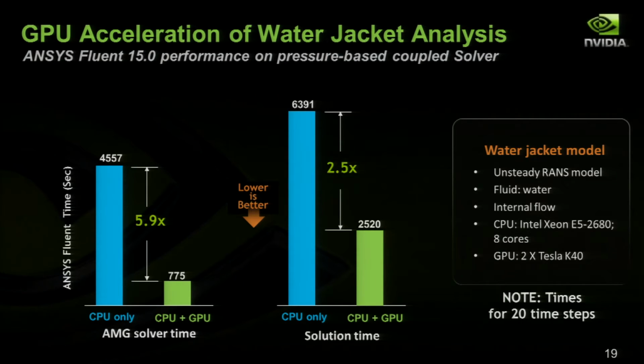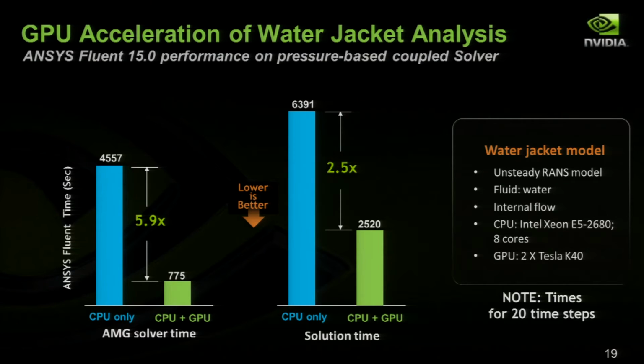This is a water jacket model, a thermal management simulation that is typically done in the automotive industry. The left-side chart shows the speedups in AMG. The right-hand side shows the speedups in the total solution time, which is most interesting to you.